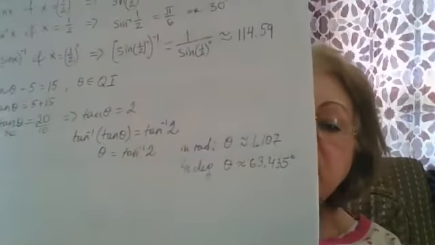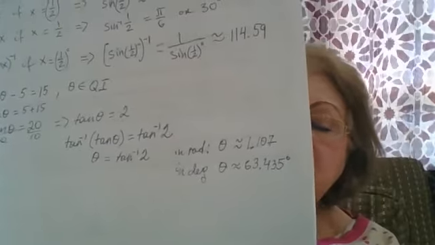So let's say here I will also approximate having 3 digits. So it will be 435. Don't forget to write the degree sign, because if you don't do that, it is in radians. I'm done.